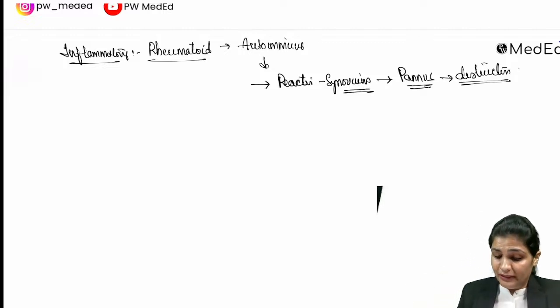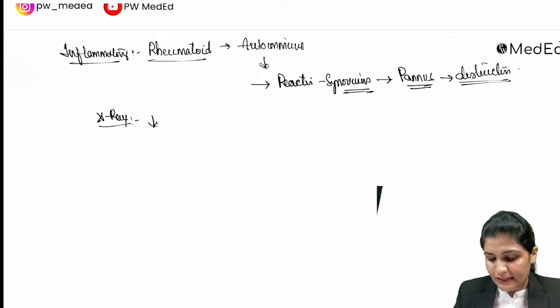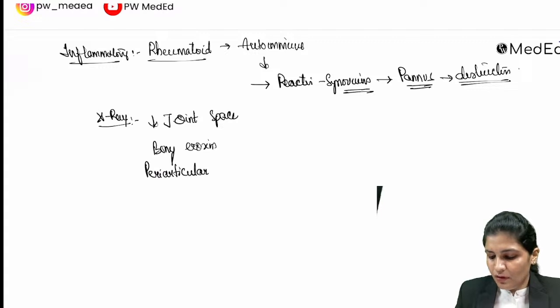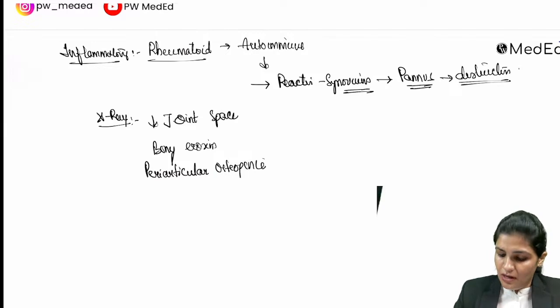Here the X-ray changes in rheumatoid arthritis mainly show joint space narrowing, bony erosions, and periarticular osteopenia. This is very important in rheumatoid arthritis.